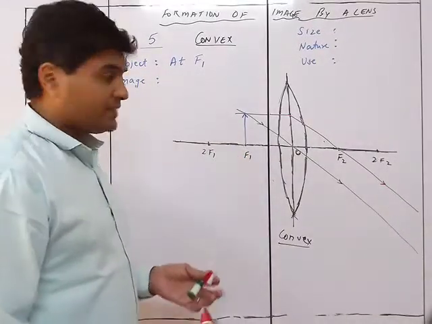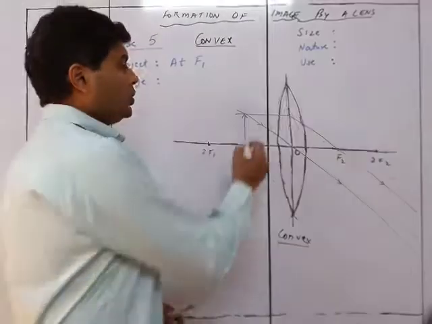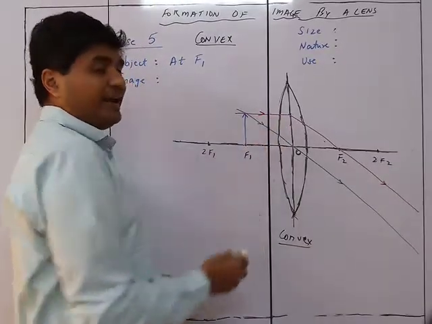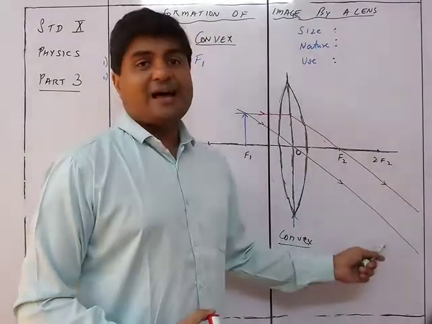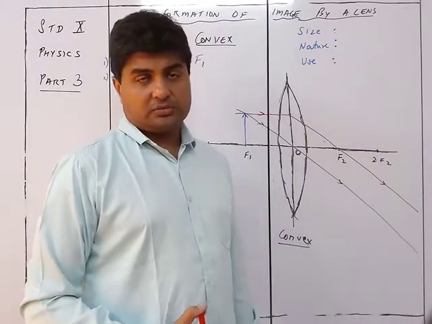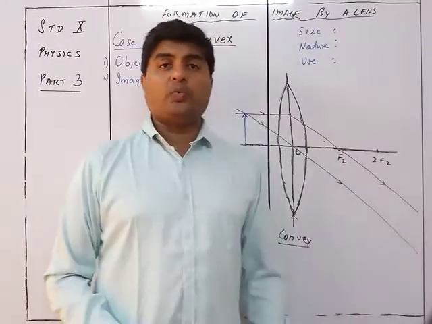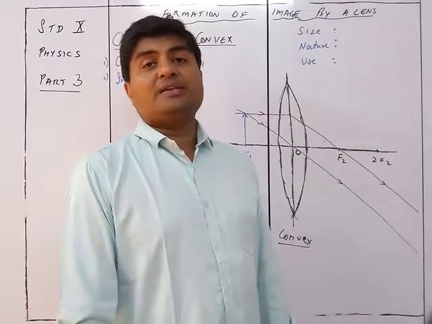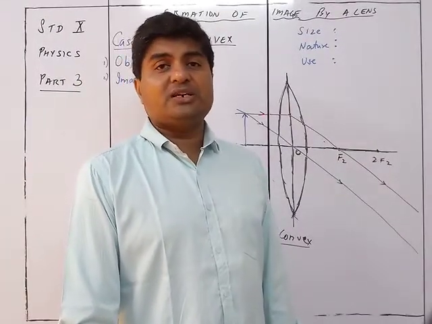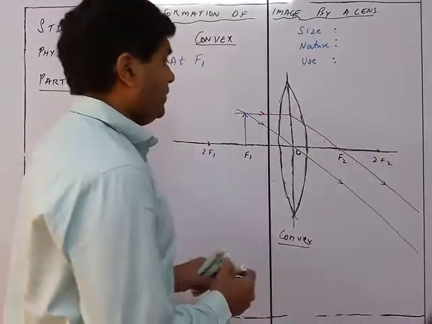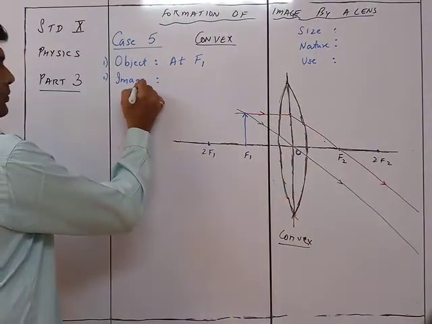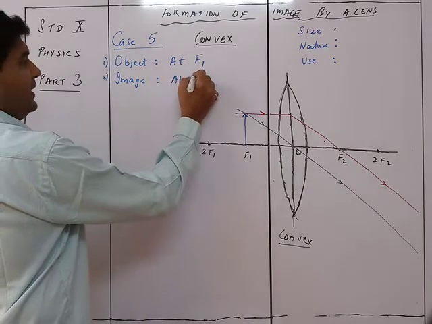So you will require only two rays to show this. You can see that both these lines are parallel to each other. So when the lines are parallel to each other, what will we consider? You will consider that they intersect each other at infinity. So that's why the image will be formed at infinity.